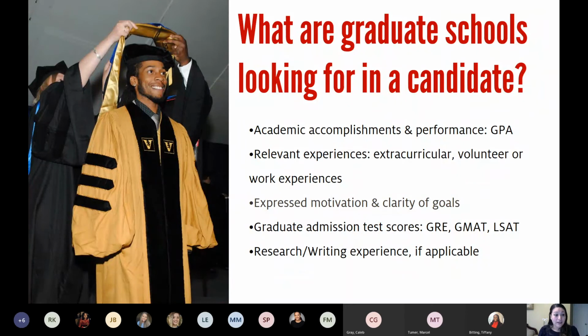So for many of you, it is part of your desire to accomplish this area of expertise or this specific career. But let's say you have a passion for law, or maybe you have a passion for helping others.